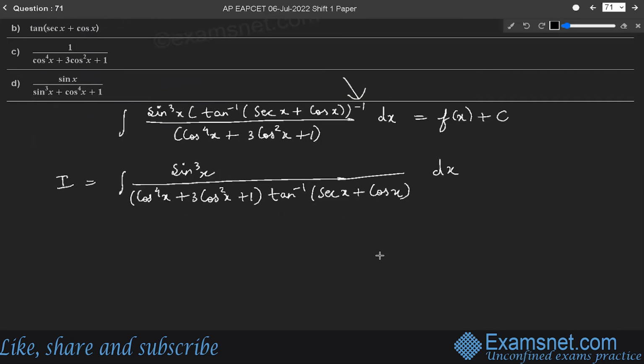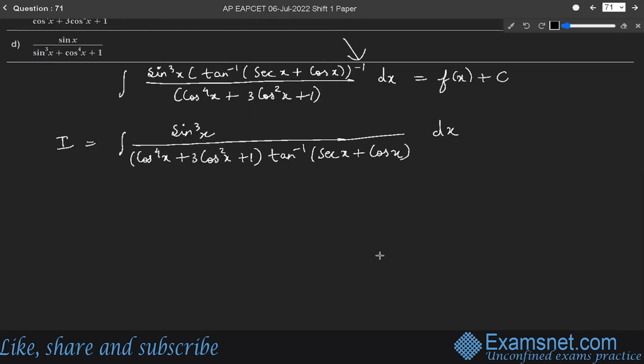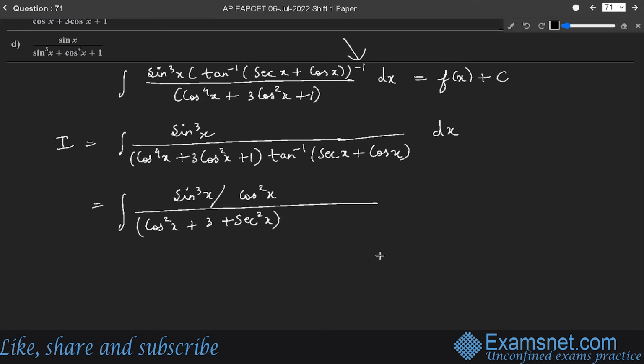Now, dividing numerator and denominator by cos square x, it will be equal to sine cube x divided by cos square x upon cos power 4x upon cos square x will be cos square x plus 3 plus sec square x. 1 upon cos square x is sec square x into tan inverse sec x plus cos x dx.